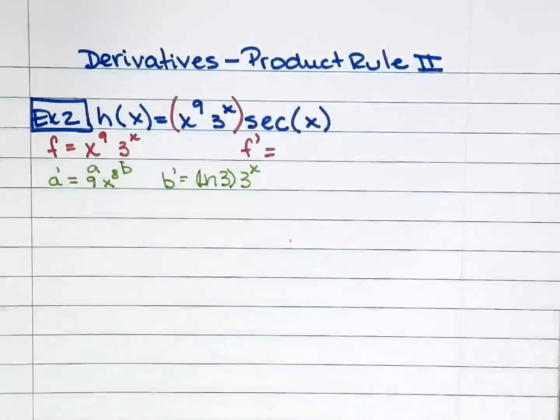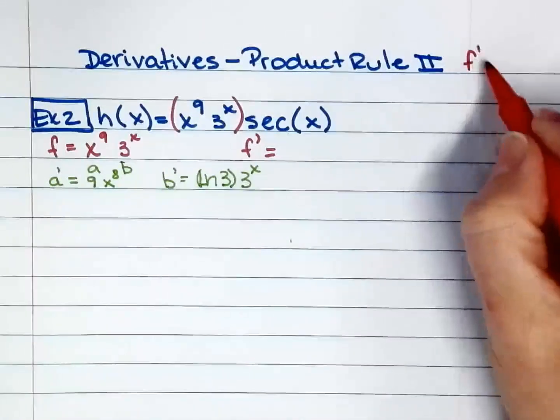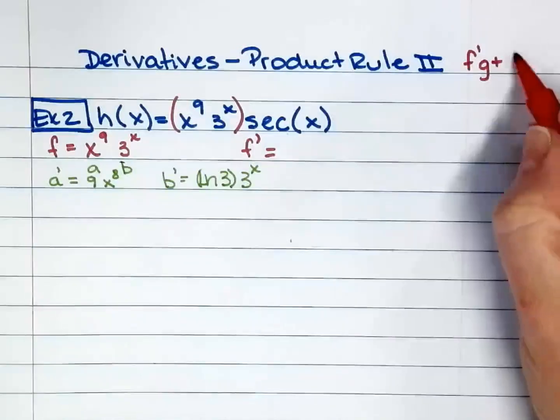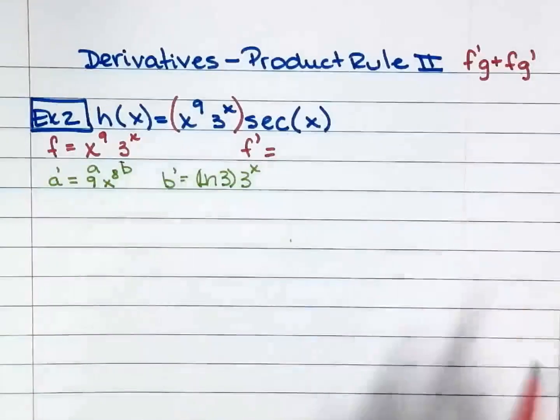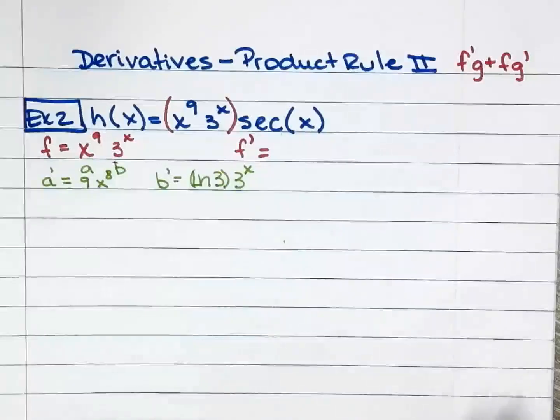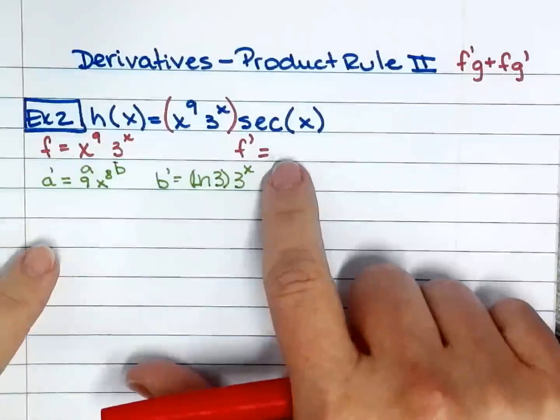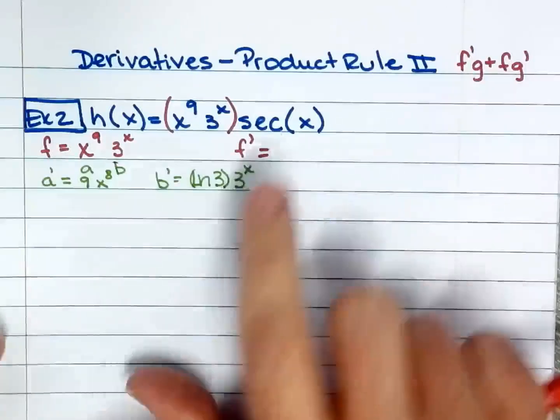So now we have to apply the product rule, which is f prime g plus f g prime. And that works for any other functions. If you want to call them u and v, you can do that, a and b, and so on. So we're here trying to find the derivative of the f function.